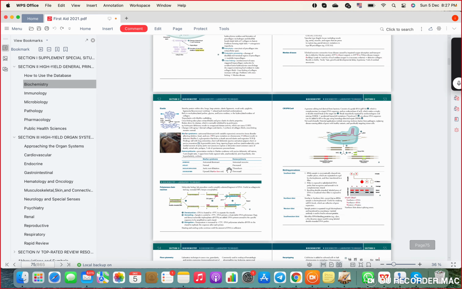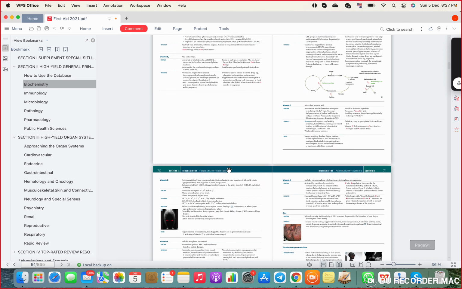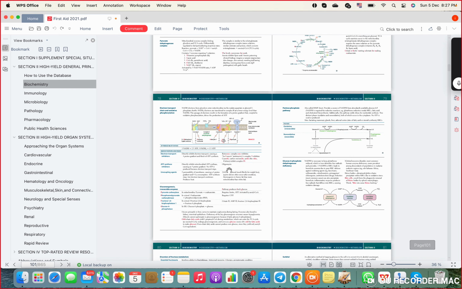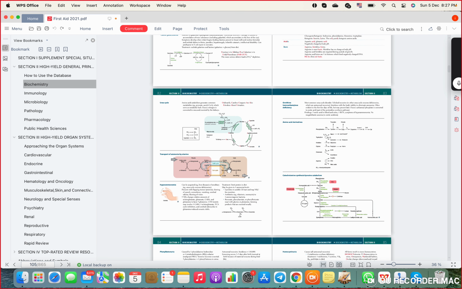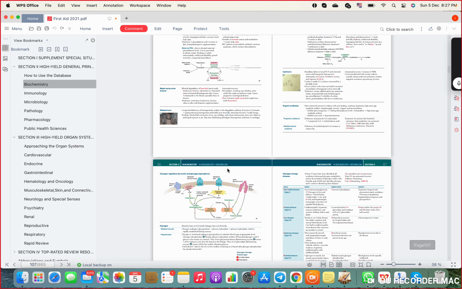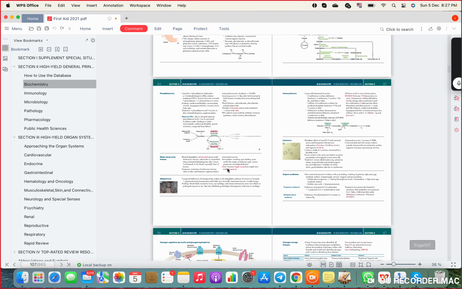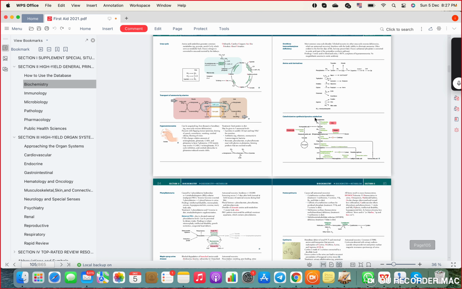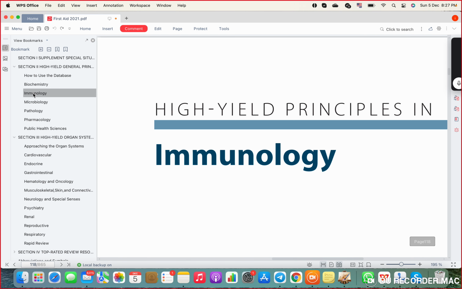It starts with an H. I know it comes in the phenylalanine pathway. Yep, it's this one: homogentisic acid oxidase, okay? Homogentisic, yeah, doc. Sorry. Okay, good. So moving on, we have the following.